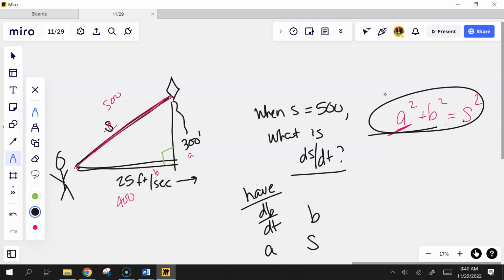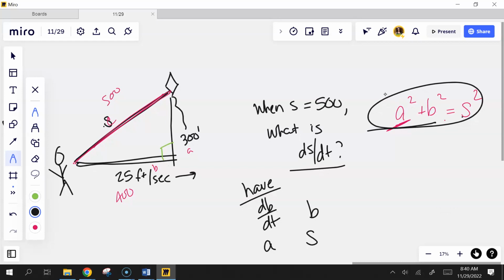Okay, so I think if I know that A squared plus B squared equals S squared, well, A is not going to be a constant because as it moves, the height's going up. What? That's the rate, that's the wind blowing horizontally, is what that is. So how could I rewrite this?